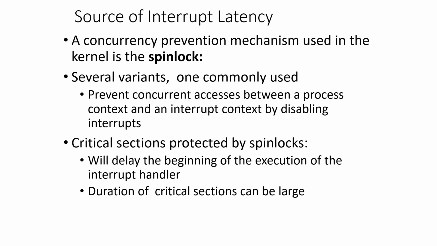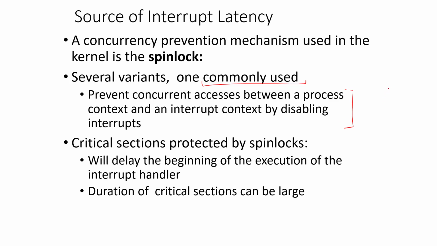So what are the sources of interrupt latency? We have already discussed spin locks in the past. There are several variants of spin locks, but let's look at one that is commonly used. The main idea is to prevent concurrent accesses between the process context and either other processes or interrupts. You don't want too much collision on a lock.